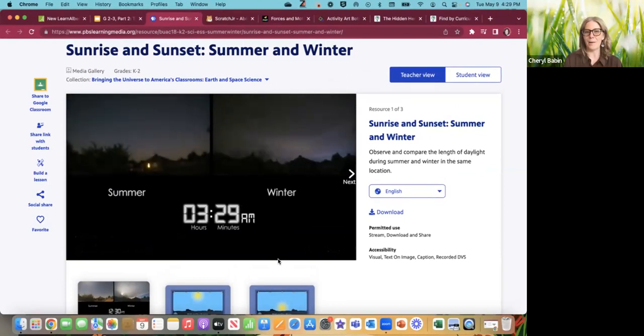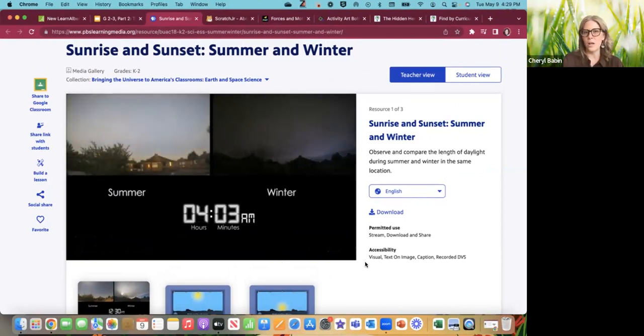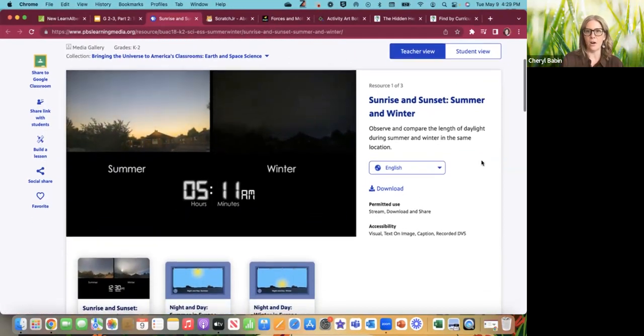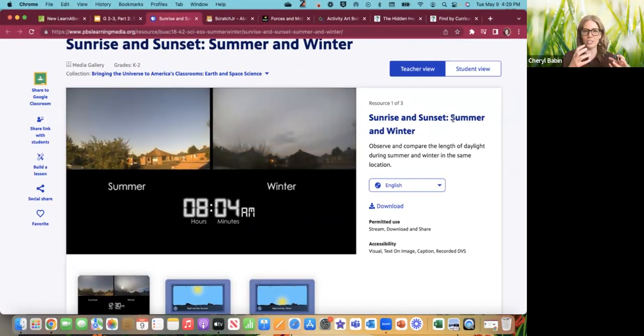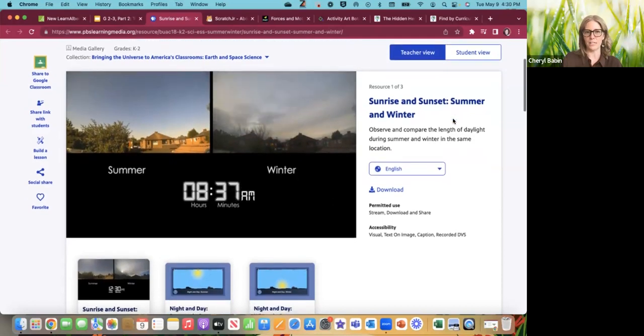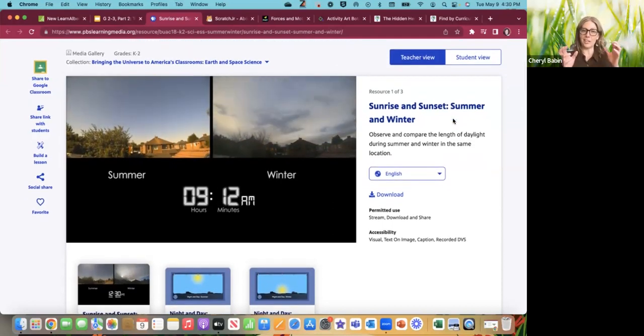This site also has downloadable materials. You can offer a student view and a teacher view, so you could pop this into Google Classroom or share a link with students in a way that works for you and your LMS. It just gives that scientific perspective and the documentation that can sometimes be hard to capture on your own.